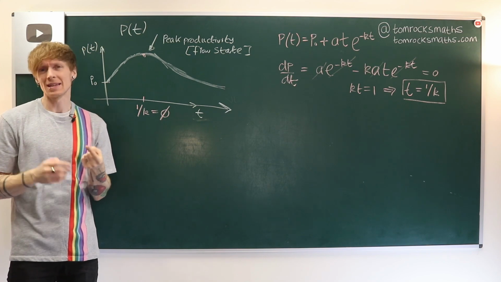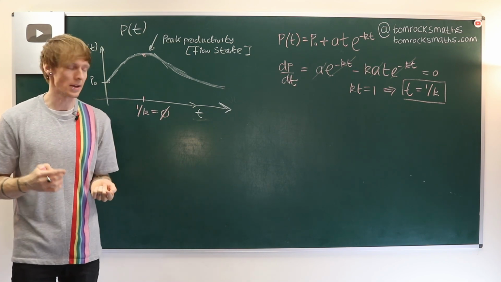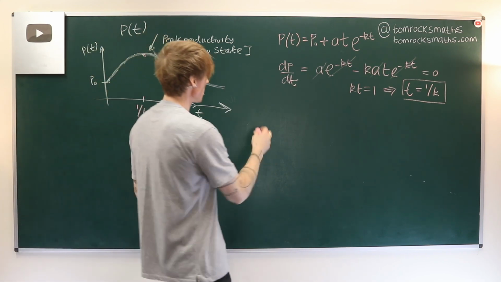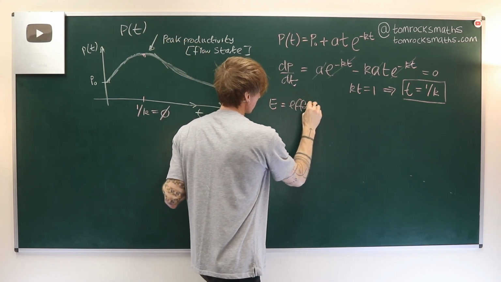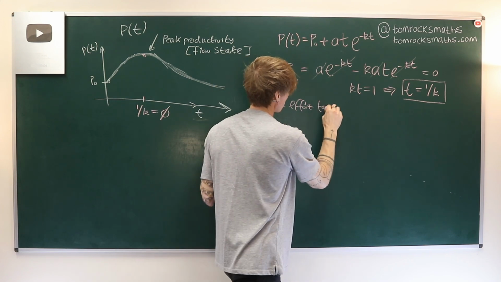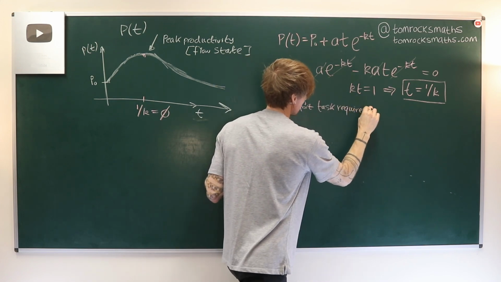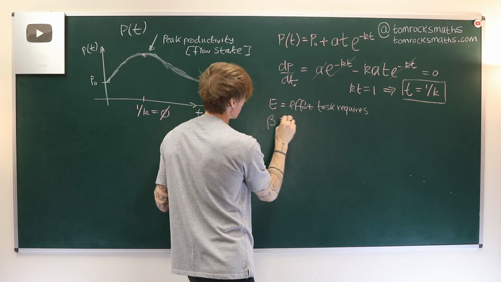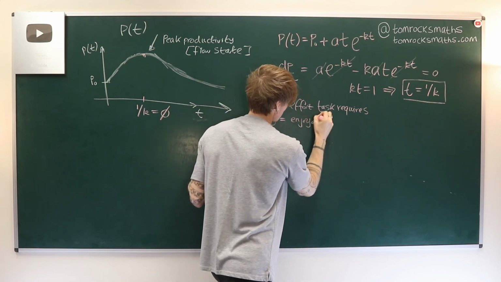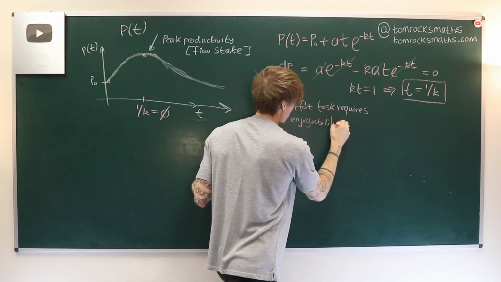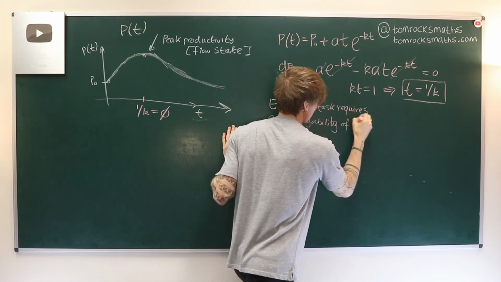And those are going to be the effort that the task requires, which we will call E. So E is equal to the effort the task requires. And the second parameter is going to be beta, which is going to be the enjoyability of the task. So how much do we actually want to do it?